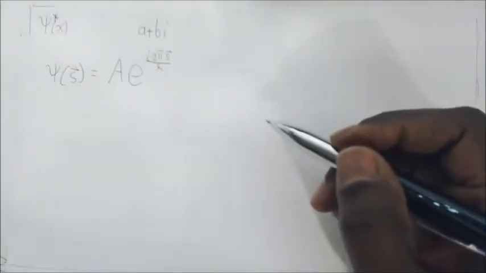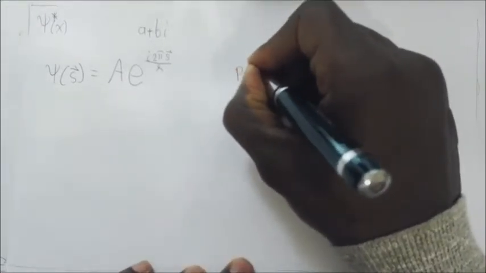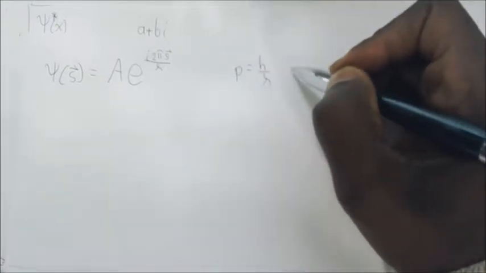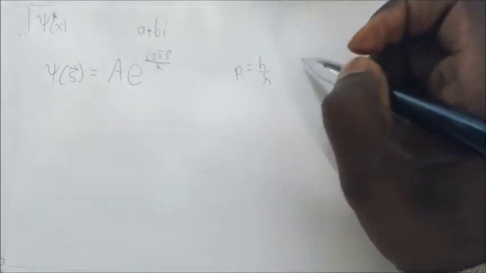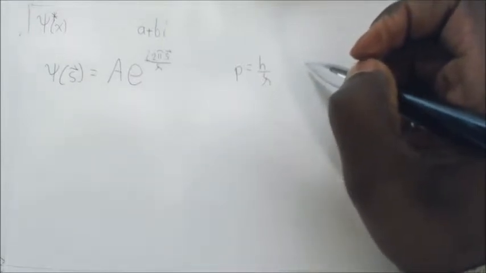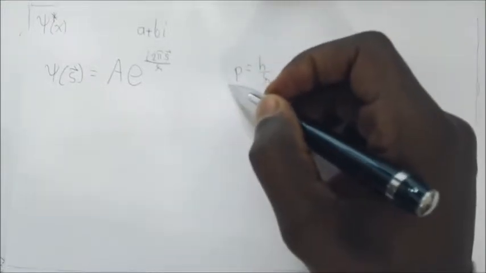Okay, also experiments showed that the momentum p is equal to h over lambda. That's where h is equal to Planck's constant, which is about 6.626 times 10 to the minus 34 kilogram meters squared per second. And lambda is a wavelength, and p is the momentum, as I stated.